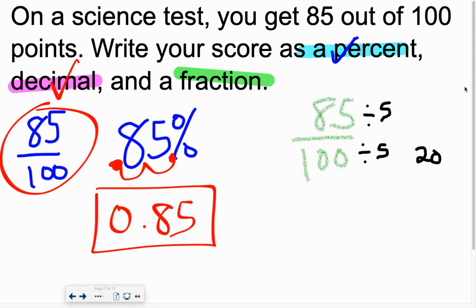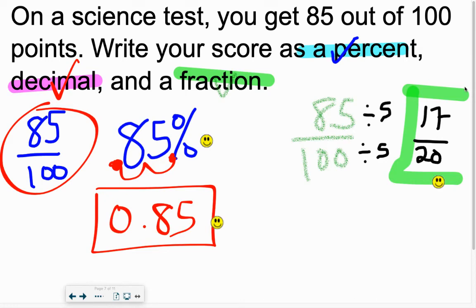Again, feel free to use a calculator and type in 85 divided by 5, or do it mentally. And then there you have your 17/20. And now you have your fraction. You've written your score as a percent, as a decimal, and as a fraction. You can do any of those, and when it tells you to do all 3 of them, make sure you do that.